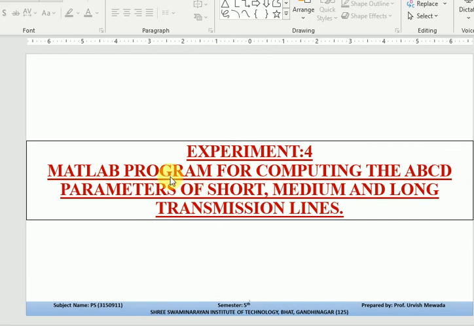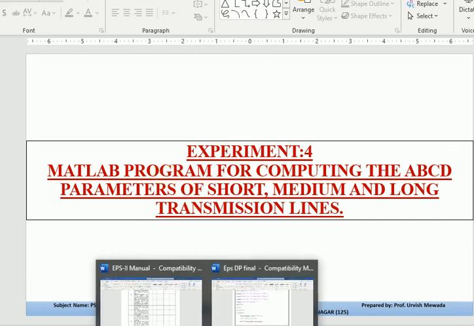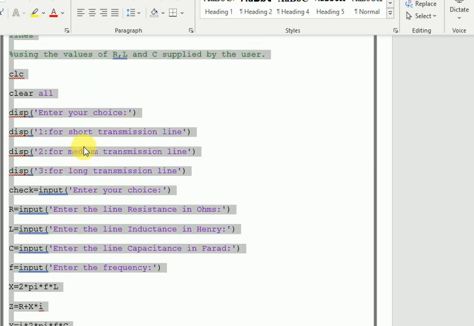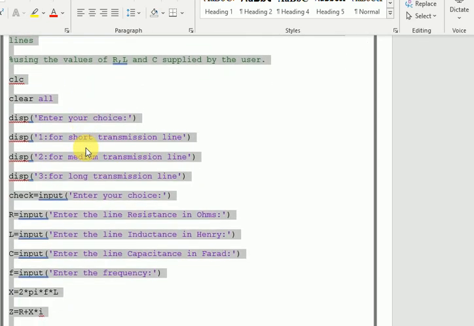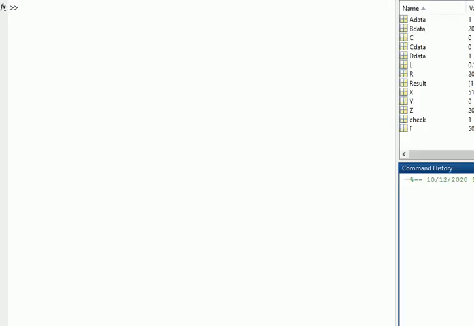So for that we need to start MATLAB, and the program that I have already kept over here in this theory portion. I'm just taking a copy of this program, and this is our experiment number 4, and I'm pasting this program over here.